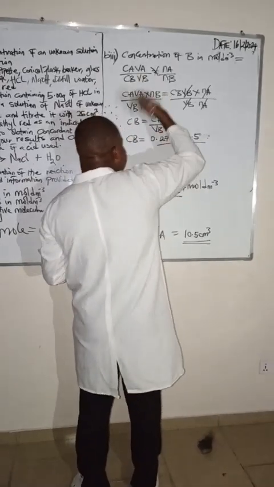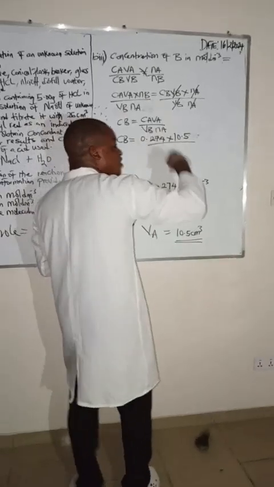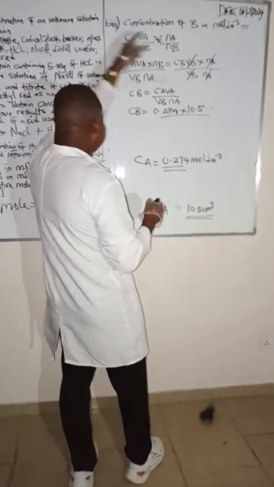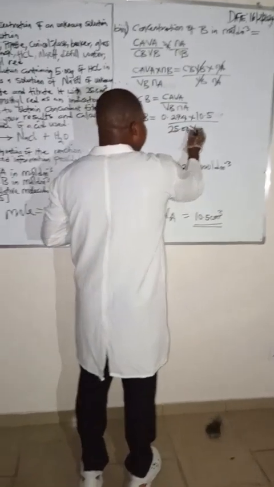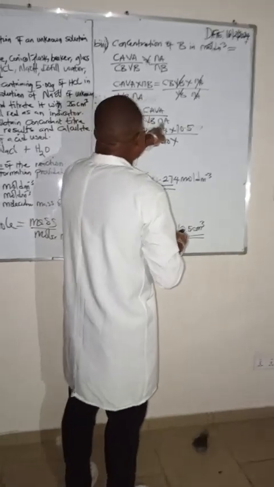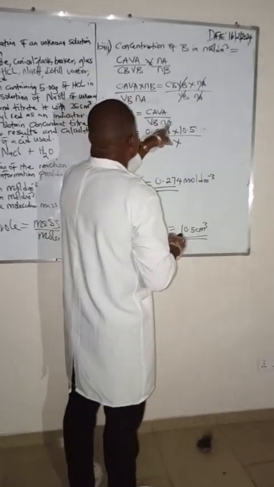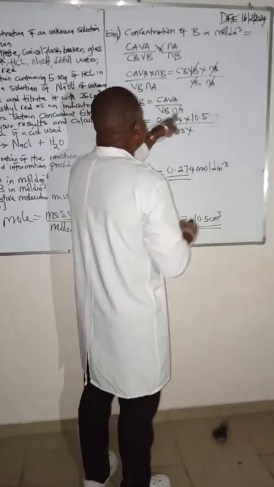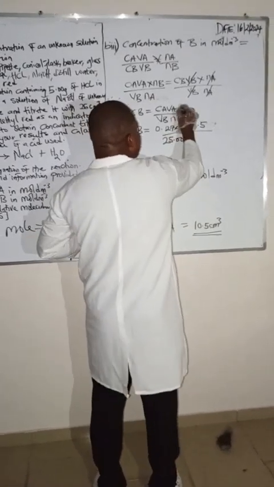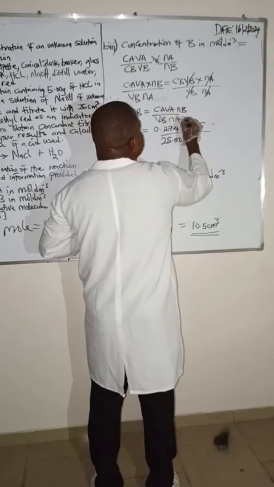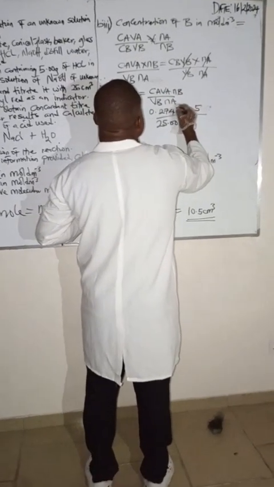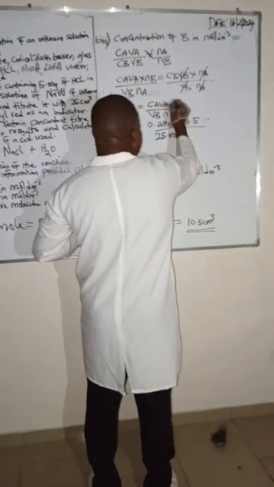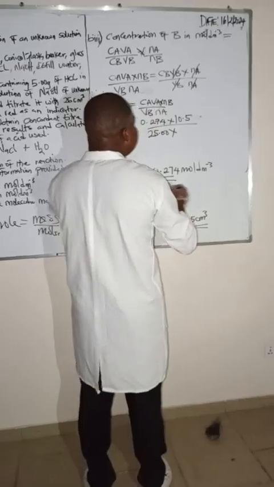Our VB is the volume of the base, which is the volume of our pipette. Remember, we recorded it as 25.00, times NA, times NB.